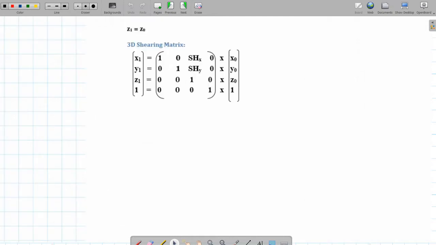Now if you want to convert the set of equations into homogeneous system, you have to append the homogeneous 1 equals 1, and this is going to be your equation in matrix format. So this is your shearing transformation matrix along z-axis.